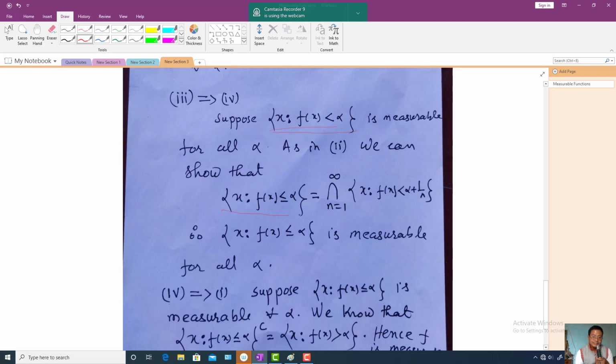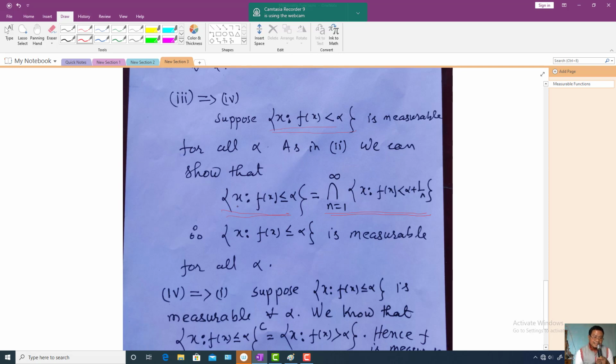You can establish this equality. This set is equal to this set. You can prove it as we did in the first implication, 1 implies 2.